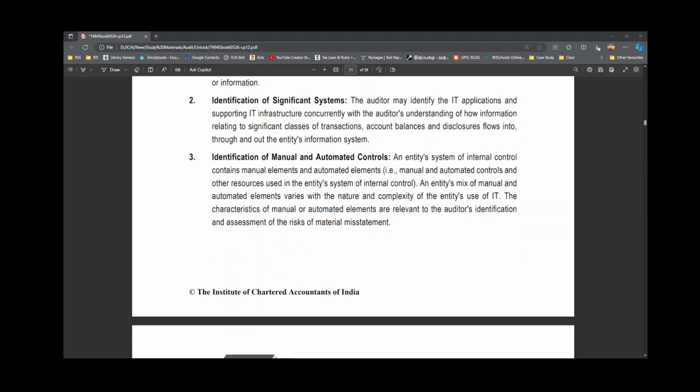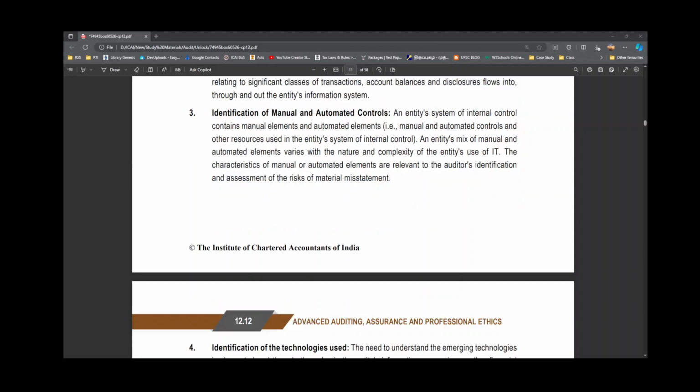And understand how these significant classes of transactions, account balances and disclosures flow through them. How do they flow from one software to another, what actually happens, what data has been taken, who enters it, and how do they make changes to that data? That is to see, that is identifying significant systems. Then identifying manual and automated controls: what is manual, what is automated, you should check.